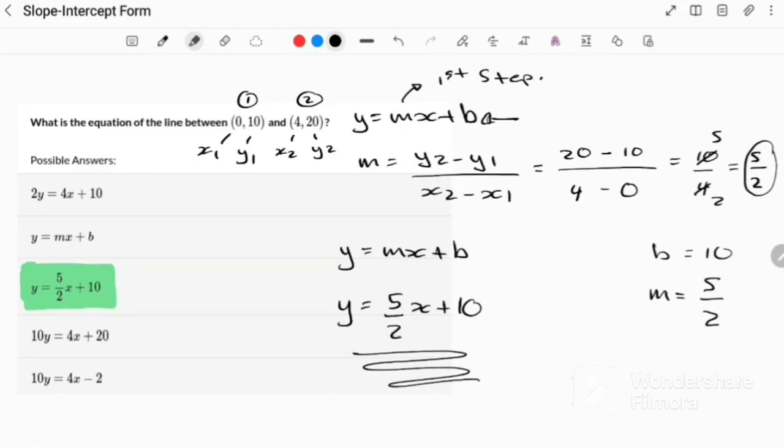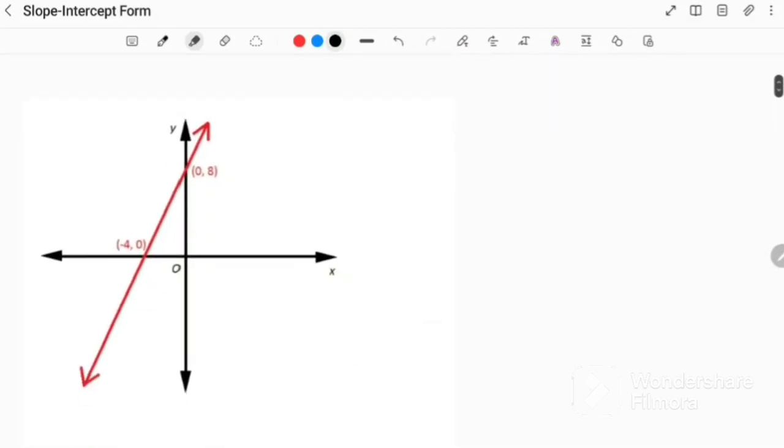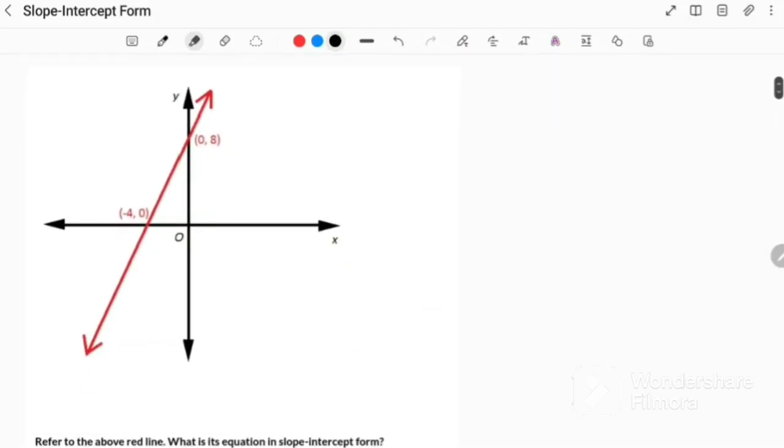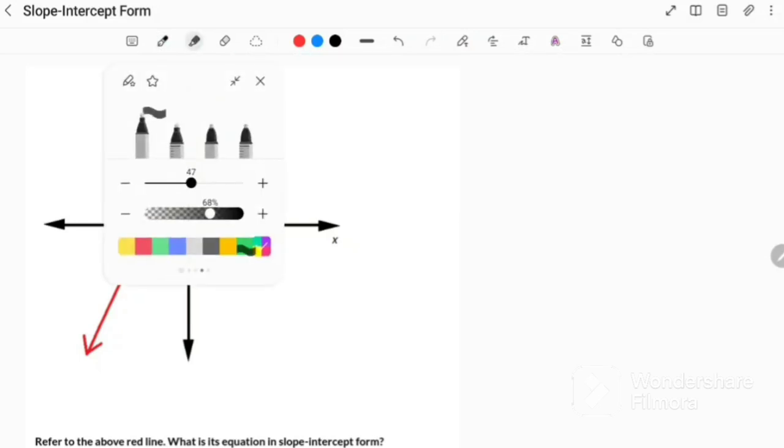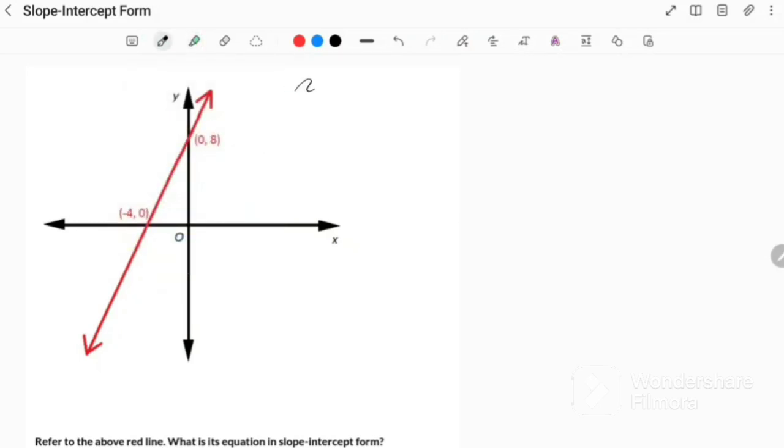Let's look at another example. You may be given a graph instead of coordinates written down. Now in this graph, they've been kind enough to provide us with the coordinates. We have, let's say, coordinate number 1, which is 0, 8.